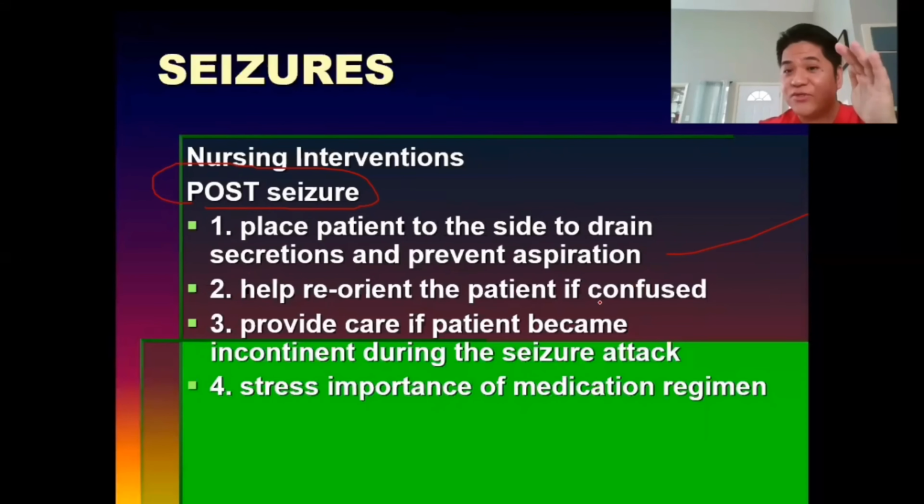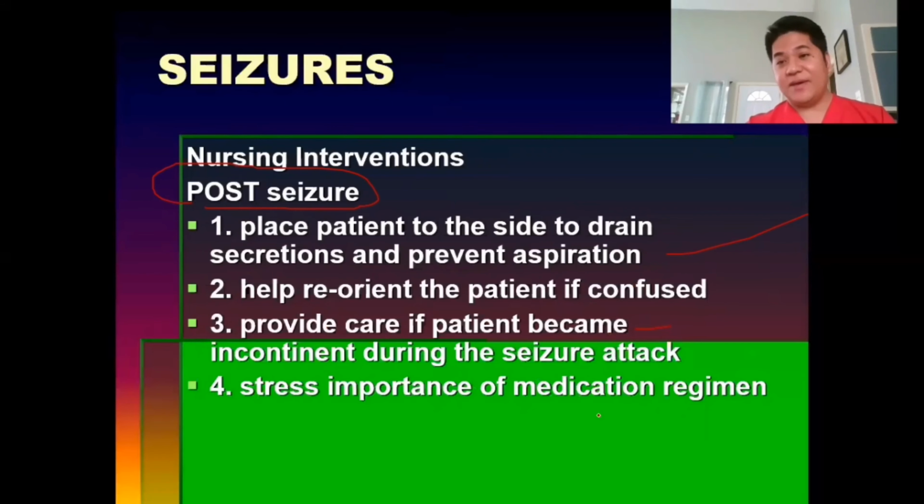If confused, usually it is because of the post-ictal sleep, okay? And if they get incontinent, they pee, they poop, we have to take care of that as well, okay? Because of the violent contraction of the muscles, the bladder would empty and they would poop, okay?